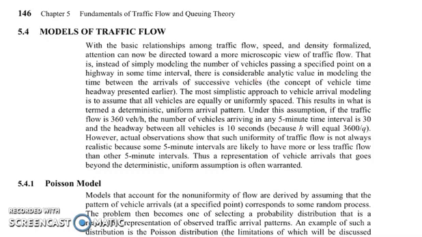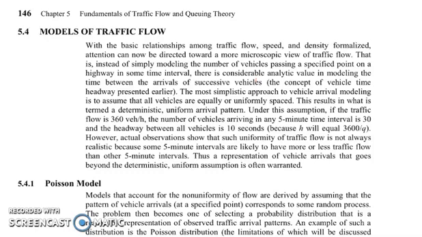Under this assumption, if the traffic flow is 360 vehicles per hour, the number of vehicles arriving in any 5-minute time interval is 30, and the headway between all vehicles is 10 seconds, since our h here is equivalent to 3,600 over Q.